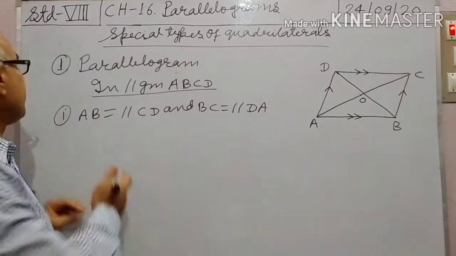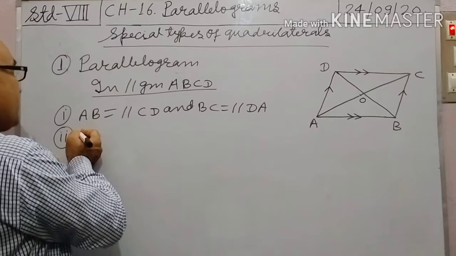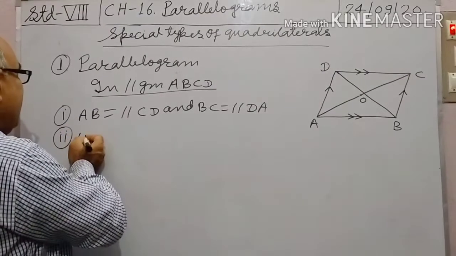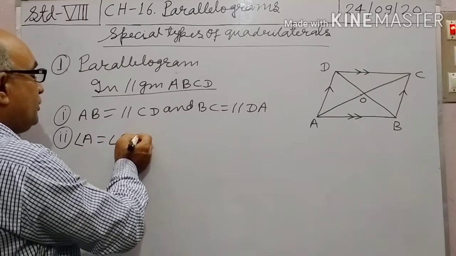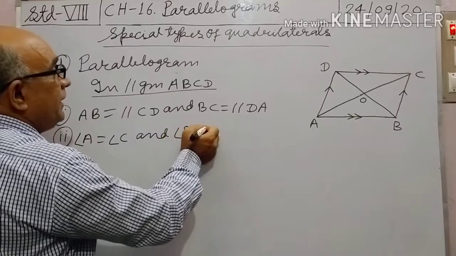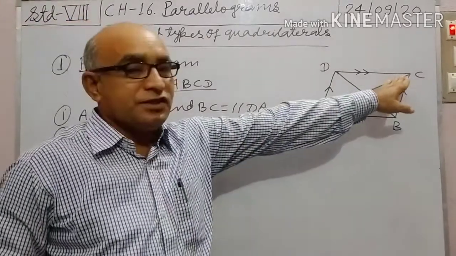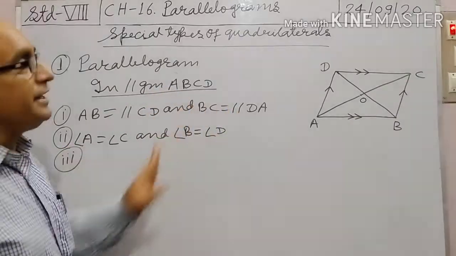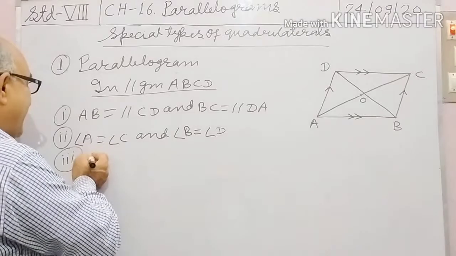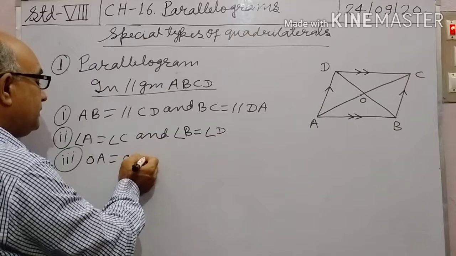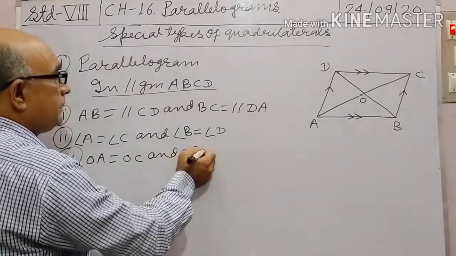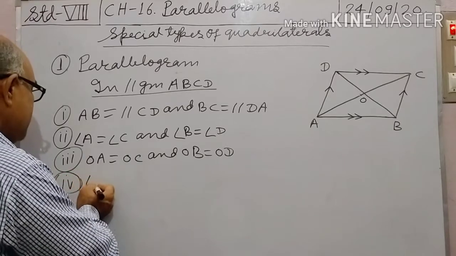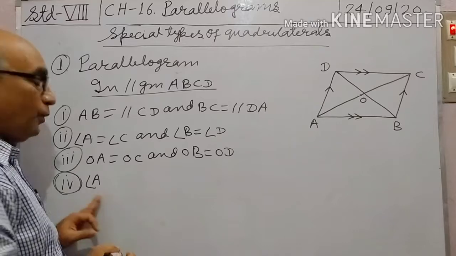Properties of a parallelogram: second, opposite angles are equal. Angle A equals angle C and angle B equals angle D. The third property is that diagonals bisect each other at point O, so OA equals OC and OB equals OD. The fourth property is that the sum of adjacent angles is 180 degrees.